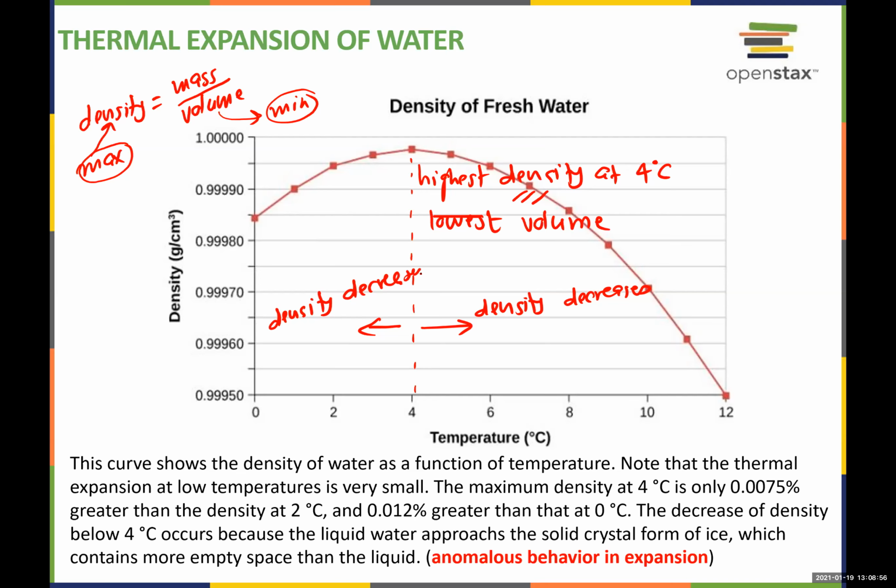What do you mean by density decreases? It means volume increases. See the difference here. If you cool, volume also increases. If you increase the heat, volume also increases. So this means water has a different kind of property than other liquids in general.